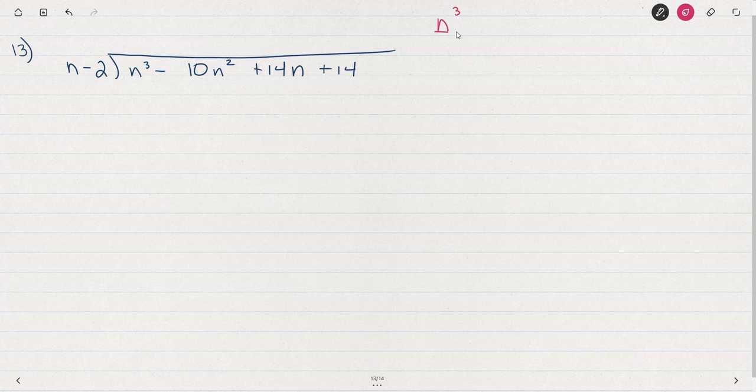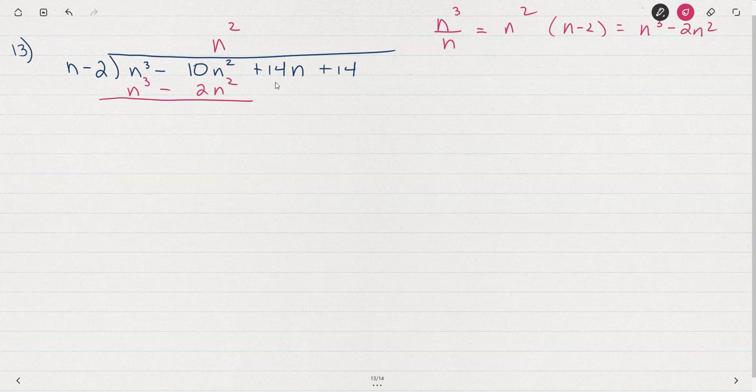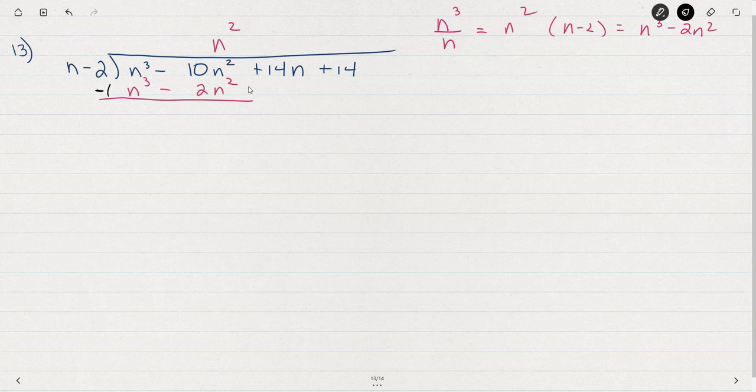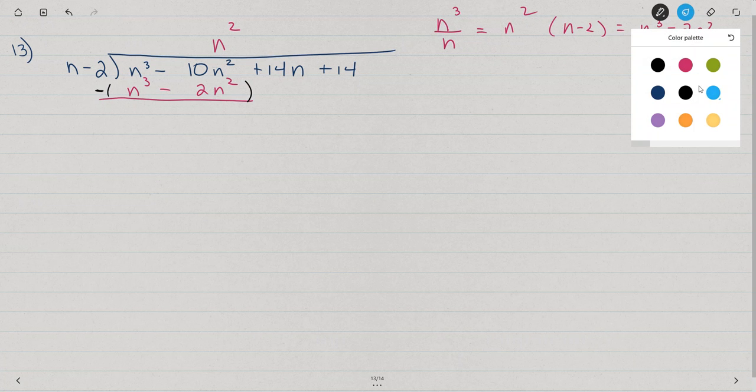If we did n cubed divided by n, you have n squared, and I'll write the n squared here. N squared times n minus 2 is n cubed minus 2n squared. Here's where you've got to be really careful not to forget what you're doing, because we're subtracting this whole thing, right?